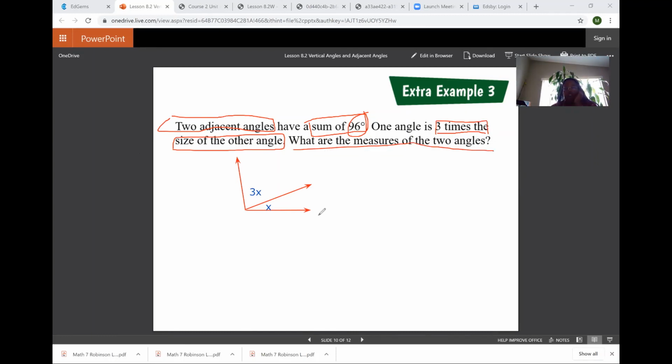Okay, so I know that these two angles together, they're gonna equal 96 degrees. And I'm gonna set up a problem again, just like I did on the last one. 3x plus x equals 96. I got like terms right here.